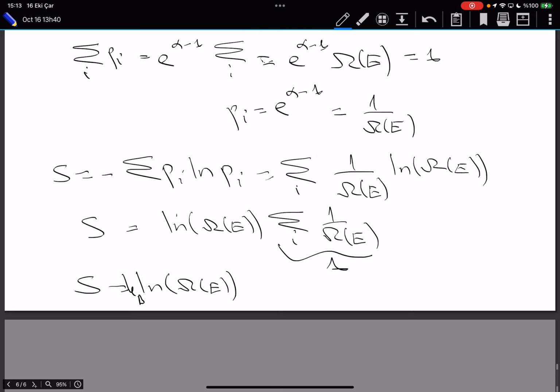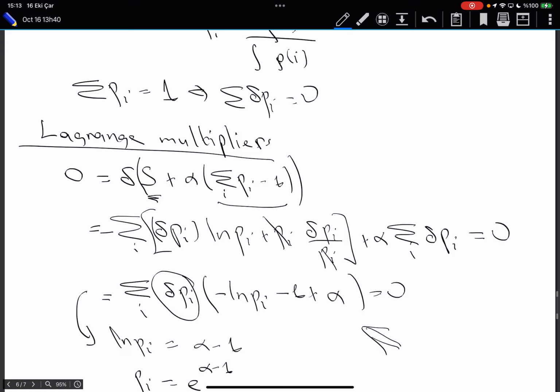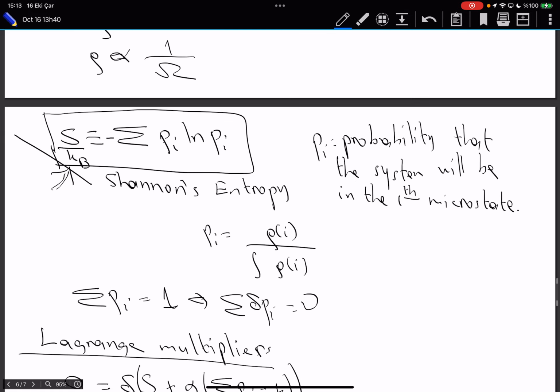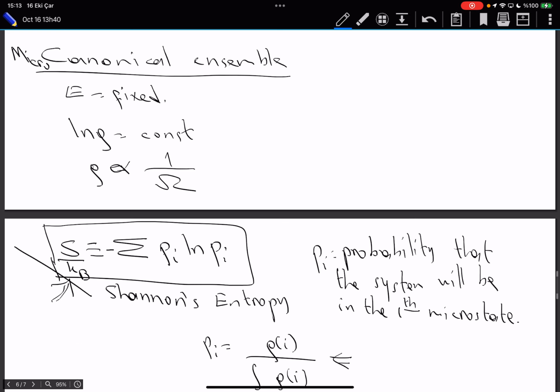Let's look at the harmonic oscillator. So in the end, we found out that the uniform distribution is the one that maximizes the entropy. So the probability has to be constant, which if you interpret it in terms of the density should be constant in phase space. And the density should be proportional to 1 over the total volume, 1 over the number of microstates you have.